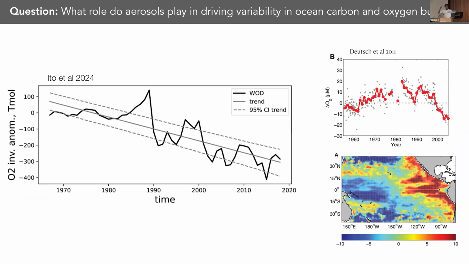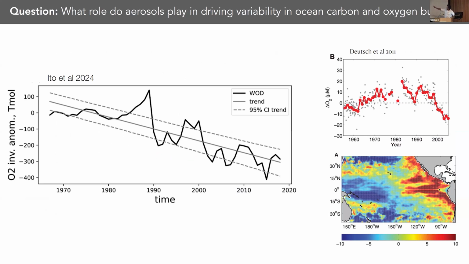This is an ocean-atmosphere interaction session, so I'll also talk about an ocean tracer, oxygen. A great deal of research has been going on in the last couple of decades on how oxygen is changing due to global warming. We expect that oxygen will decline as the ocean warms and stratifies.